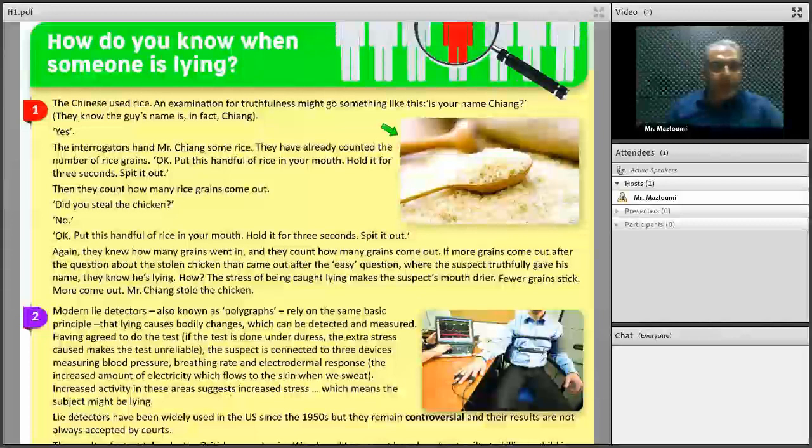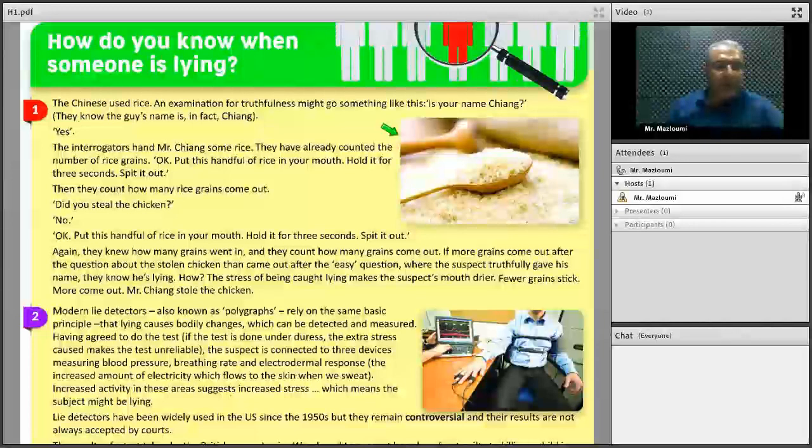Okay, so paragraph 1. The Chinese used rice. Well, the Chinese means the people of China. China, Chinese, the Chinese. Remember, we use the article the, plus some nationality adjectives that end in ch or sh or se, like Chinese, to refer to the people.